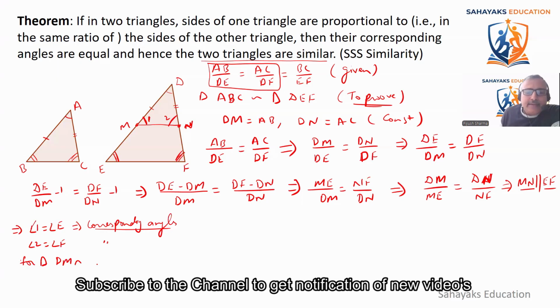Now for triangle DMN and triangle DEF, we know that their three angles are equal. Angle E is equal to angle 1, angle F is equal to angle 2, and the third angle is equal to the third angle. That means these two triangles are similar. Triangle DMN is similar to triangle DEF, as we have proved in the AAA theorem.